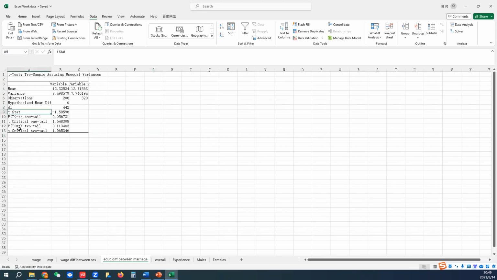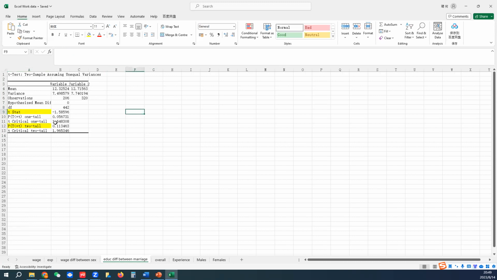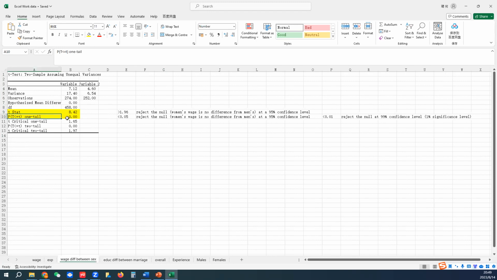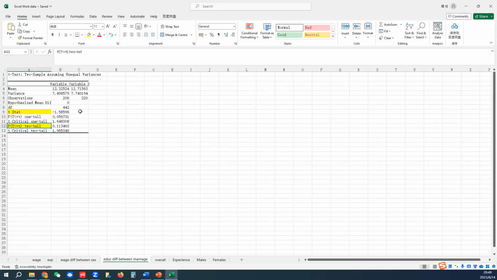The t-stat and p-value are what we should be looking into, the two-tail more accurately. Previously we should also have been looking into the two-tail data as well.